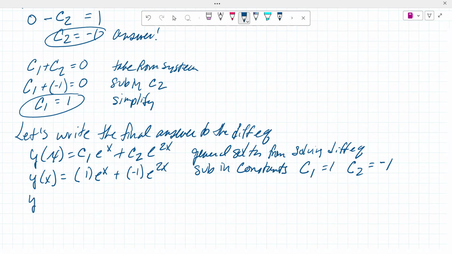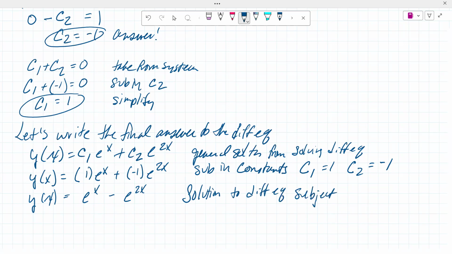And now y of x, I'm just going to simplify that, equals e to the x minus e to the 2x. This is the solution to diffie-q, subject to boundary conditions. That's what we've just solved here.